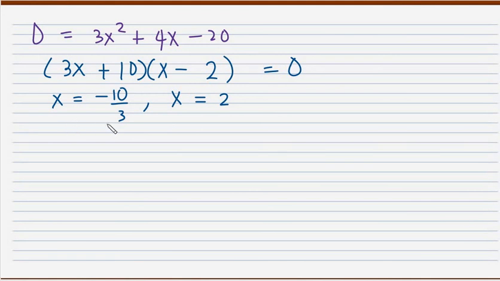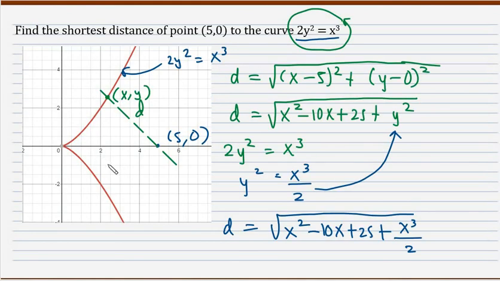Now, between these two values of x, what is true? Let's go to our graph. This is the image of our graph. We can see that it is on the positive side of the x-axis, so there is no negative value of x.